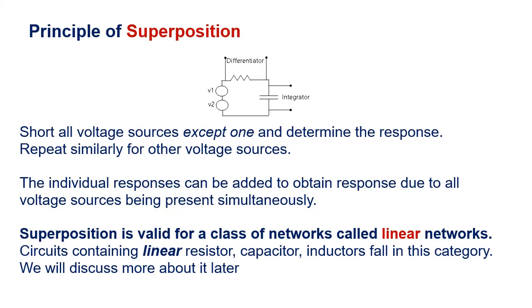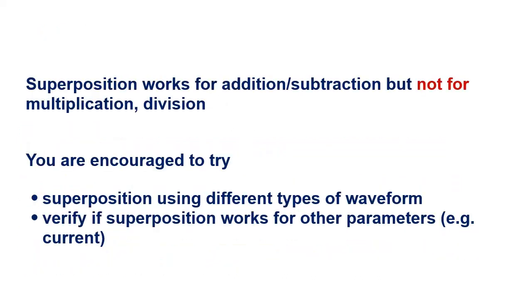Superposition works for a class of networks called linear networks. The RC circuit being discussed is an example of a linear network. We will discuss linearity in networks in more detail later. Superposition works for algebraic summation of stimuli, that is, addition and subtraction. It does not work for multiplication and division of stimuli.